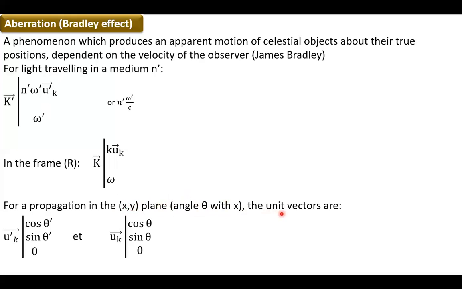The unit vectors in these frames are, in R prime, you have U prime of K, which is on X, you know, the measure of the unit vector is always 1.